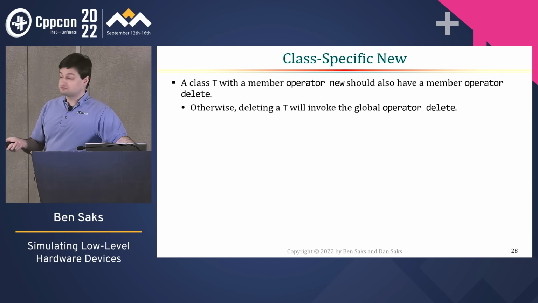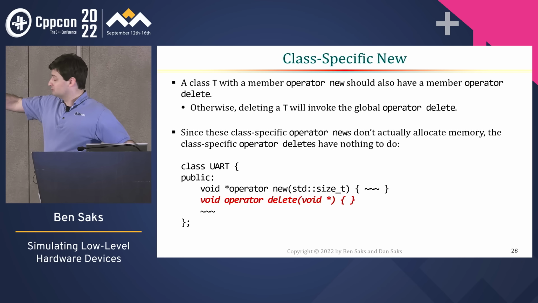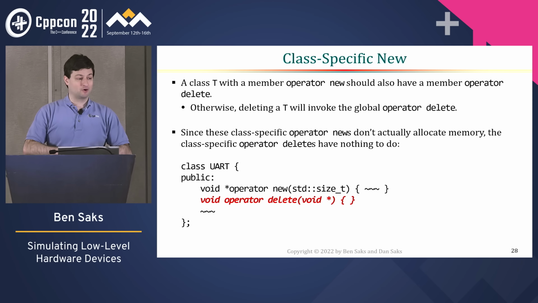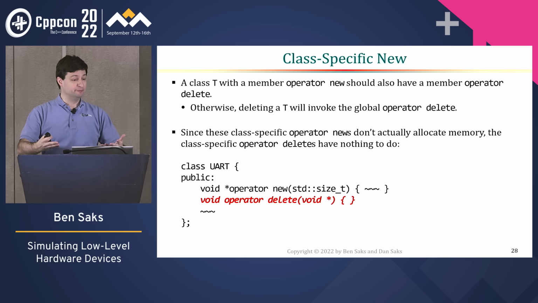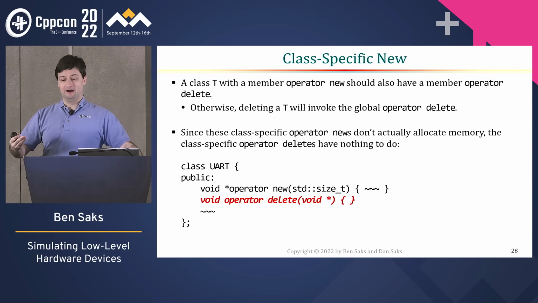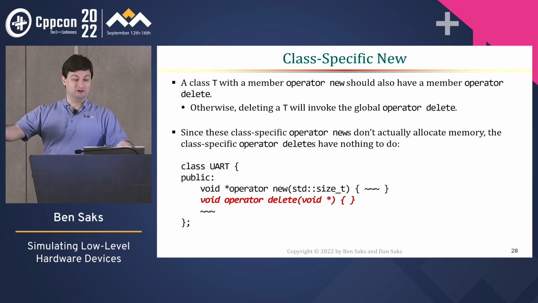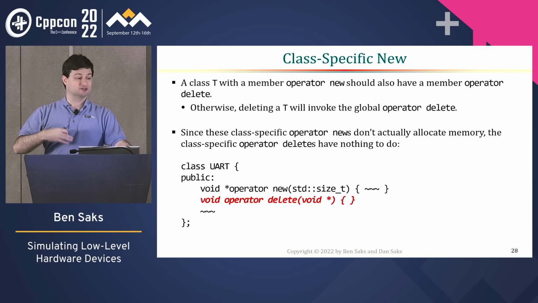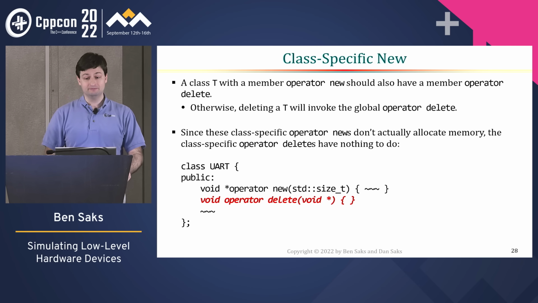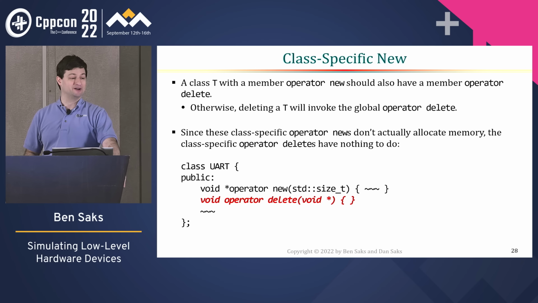And so in this case, since we didn't really allocate memory, there's not anything for our operator delete to really do, but we want it to be there so that we don't call the global operator delete. And a lot of compilers would warn you if you forget to put this step in. Certainly warned me when I tried compiling this.